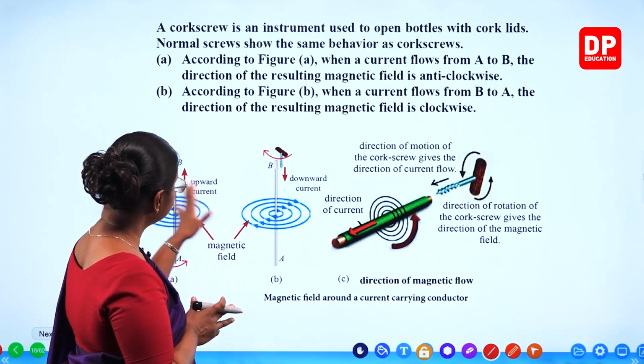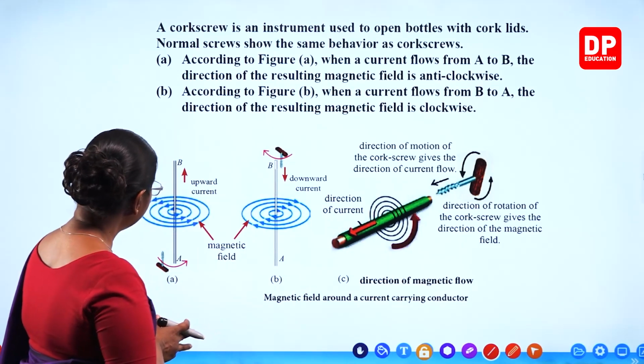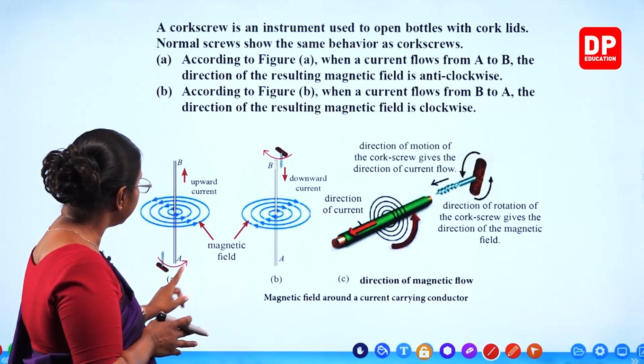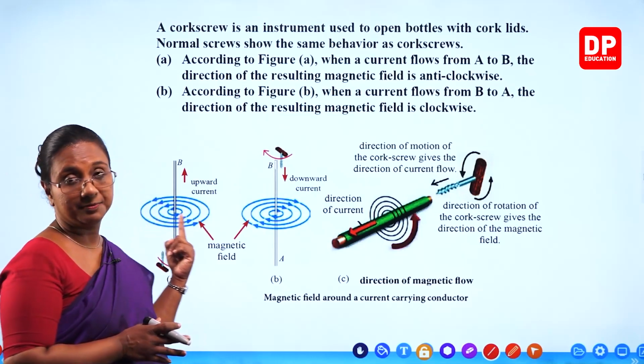There you can see figure A and B given to you all, and also figure C. A and B show you the direction of the current flow and the magnetic field.